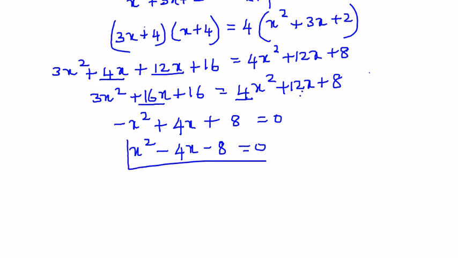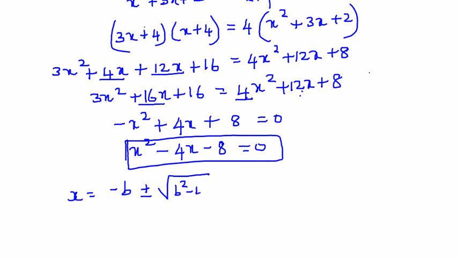Once you've got this in the standard quadratic form, you can solve this equation using the quadratic formula. What is the quadratic formula? x is equal to minus b plus or minus root of b squared minus 4ac by 2a.